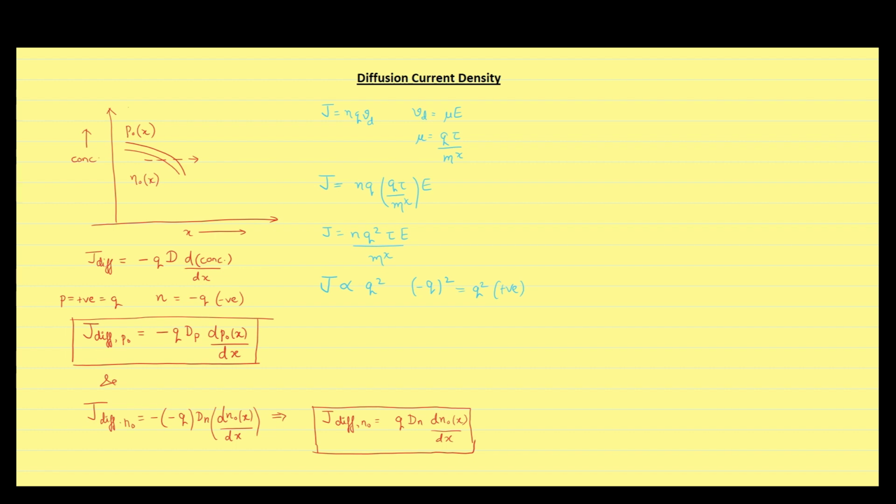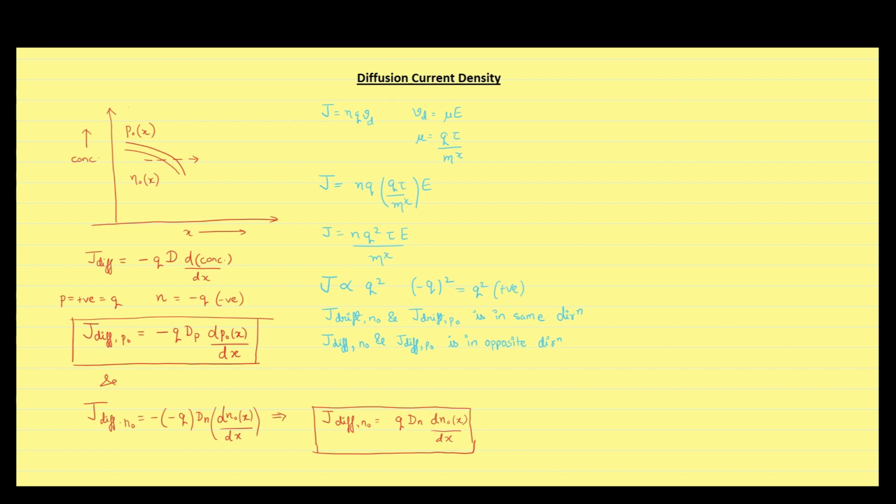It means that for the same electric field, the direction of drift current density for free electrons and drift current density for holes is in the same direction. However, diffusion current density for free electrons and holes is in opposite directions.